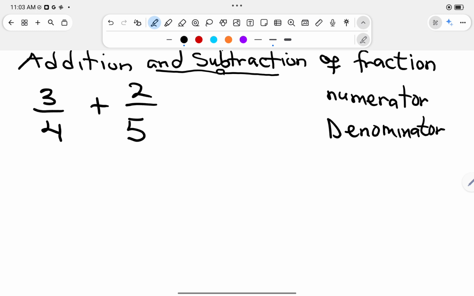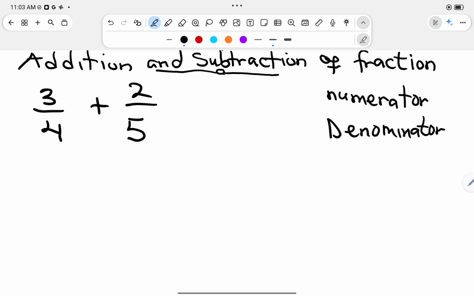So there are two fractions with different denominators that we are trying to add. There are many ways that this question can be solved, but we are going to use one of the easiest, one of the simplest methods of solving this question.